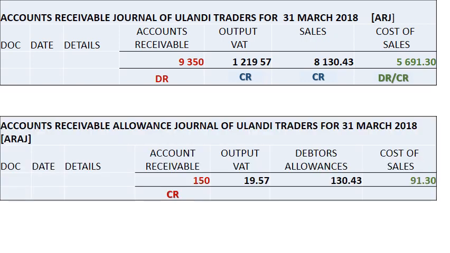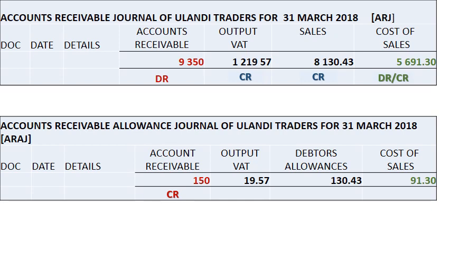In the accounts receivable allowance journal, we have recorded all the returns from our clients. Returns reduce the balance of our debtors. Our accounts receivable is an asset. Asset reduces on the credit side.